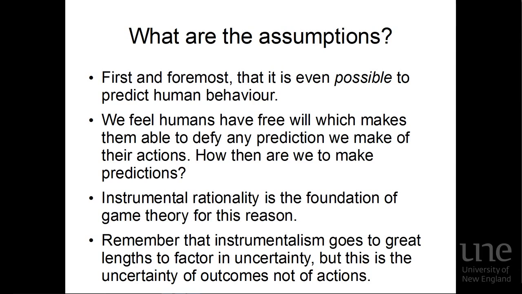So predictions may be conditional on rationality. Instrumental rationality is the foundation of game theory for just this reason. We use this instrumental agent, we make predictions with this instrumental agent because they are maximally rational and utility maximizers. So this is the condition that we need to assume to get game theory functioning in the way that we want to use it in order to predict outcomes or the actions of people in interactive situations.